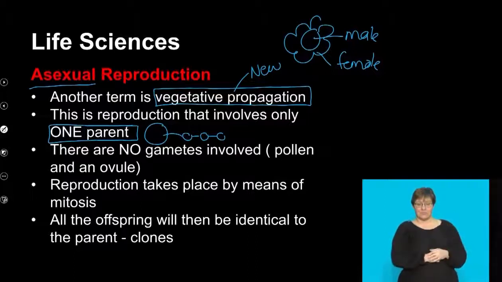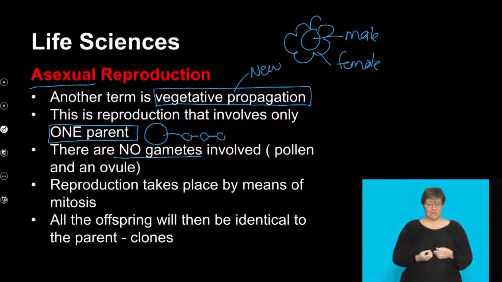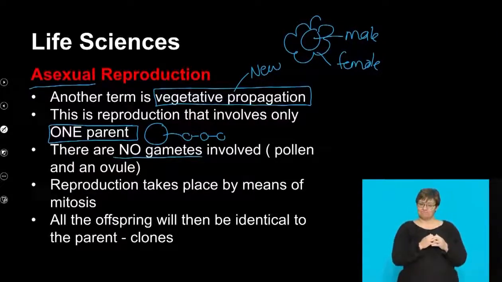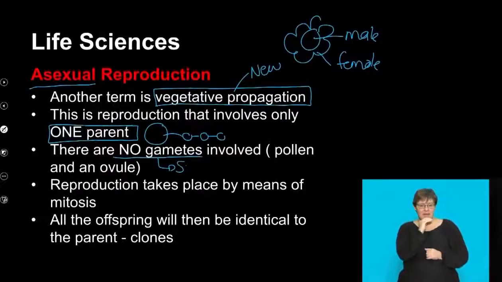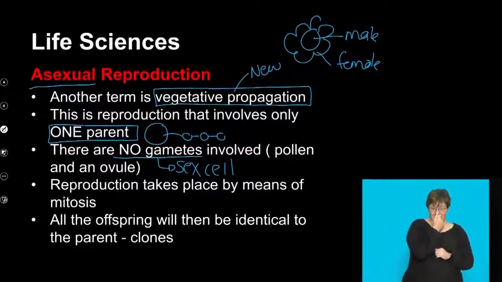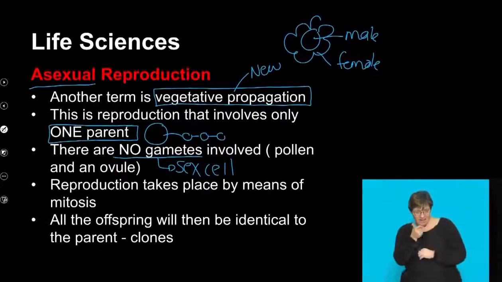When we have male and female, they give rise to a gamete. And what the word gamete means is a sex cell. So a male will give rise to a male sex cell and a female will give rise to a female sex cell.